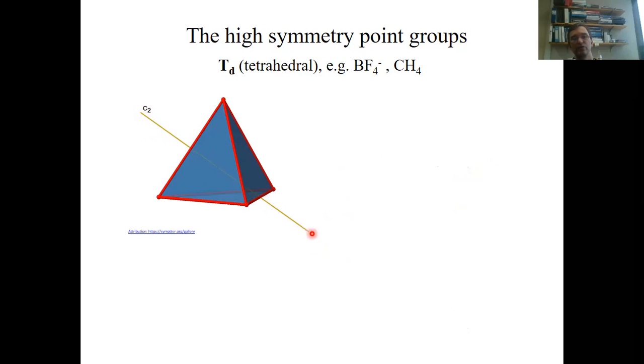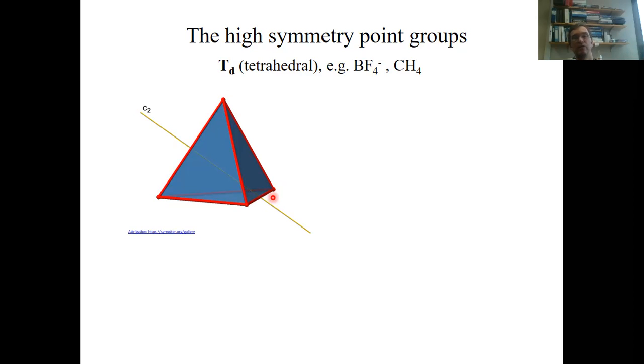Such a C2 axis goes through the center of 2 edges. As we carry out the symmetry operation, this will swap these 2 corners here and these 2 corners in the tetrahedron respectively, and after that our object will be indistinguishable from its original form.